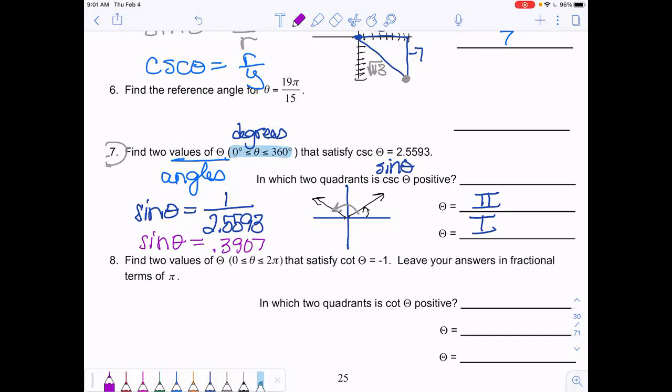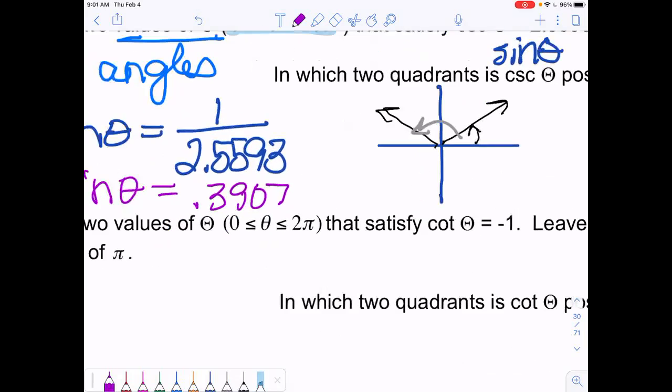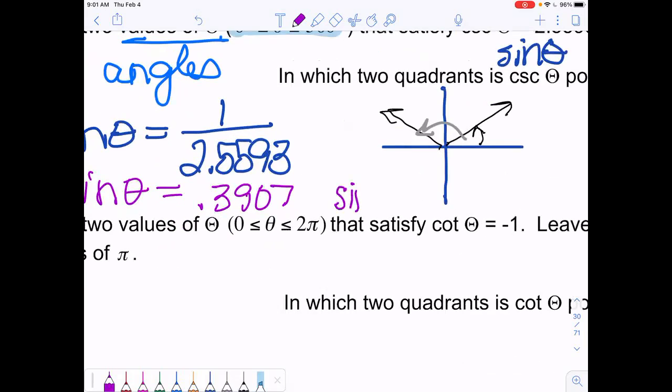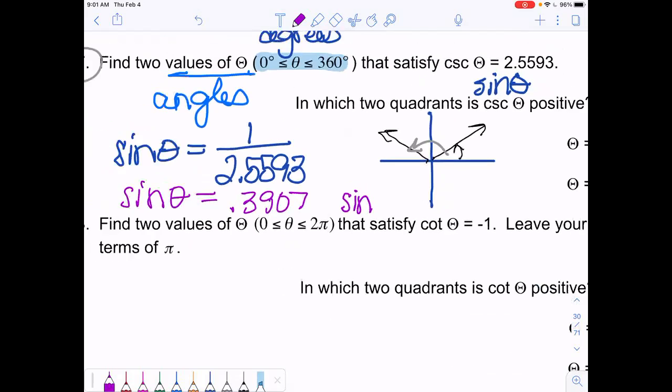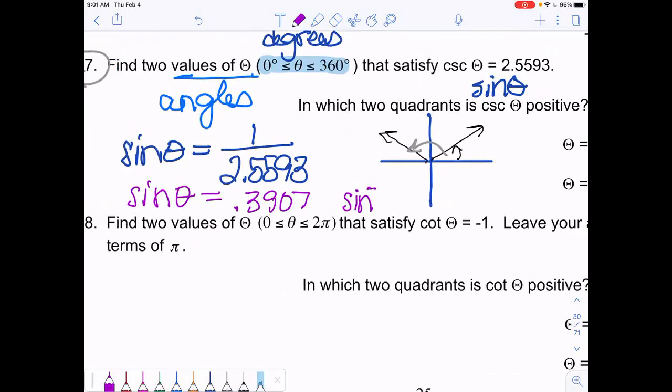Grant, what would you do to find an angle using your calculator? You're so close. So you do want to do the sine, but what do you have to hit special with the sine? You have to change the mode to what? Degrees, right? So change your mode to degrees because it wants it in degrees. And then you're taking the inverse sine because you're finding the angle.